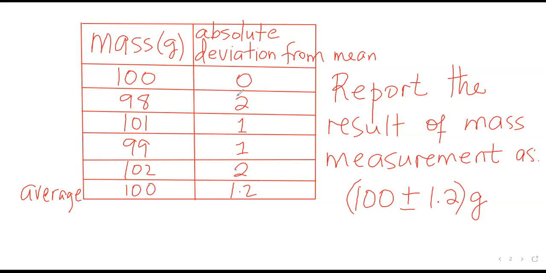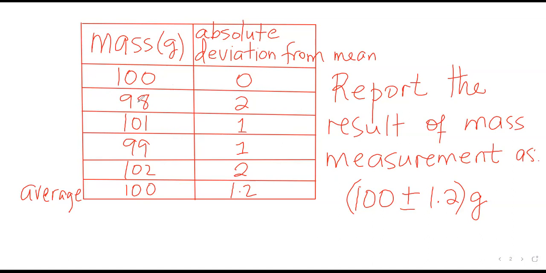The result should be here, and they are absolute values. So if I get a negative value, I will ignore the negative sign. So let's start. For the first entry here, I'll subtract 100 minus 100. The result is 0, so I will put my 0 here.